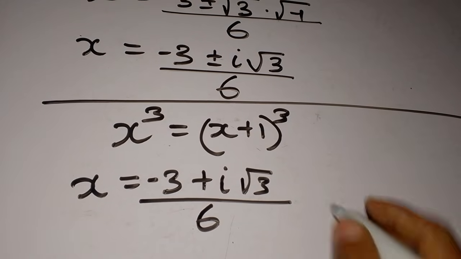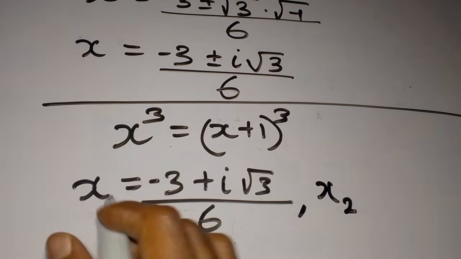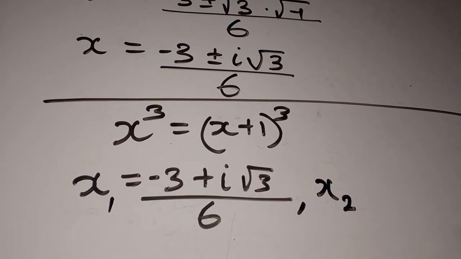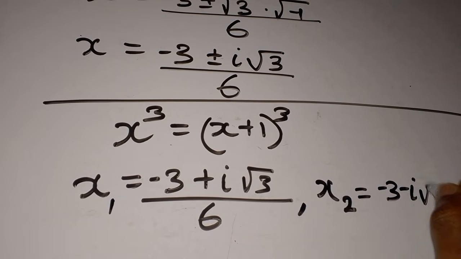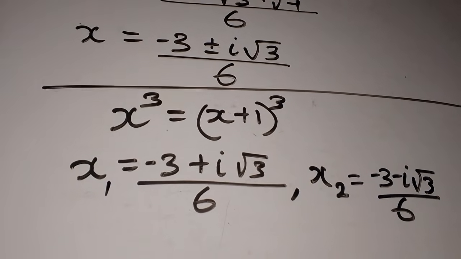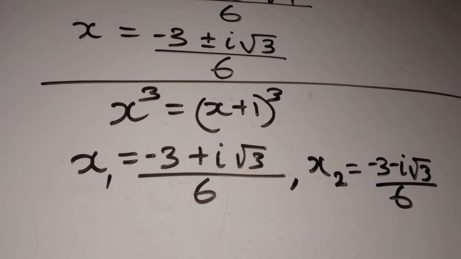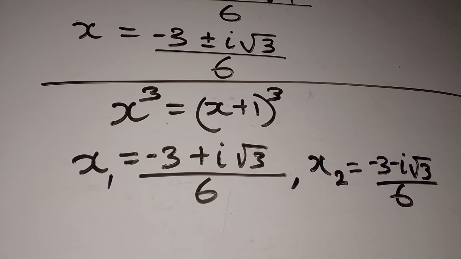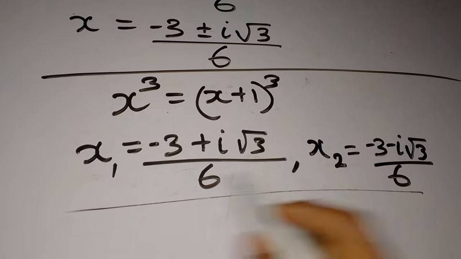And then we have x2, which is minus 3 minus i root 3 all over 6. So these are the two solutions that we had from the equation. Thank you for watching. See you in the next video.